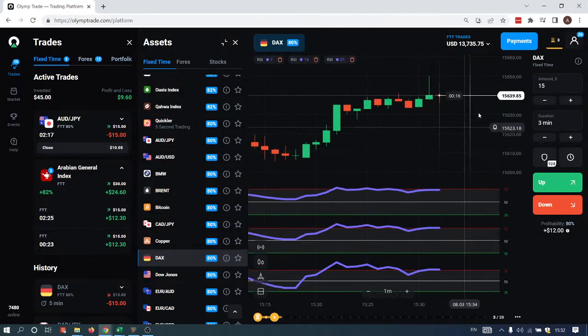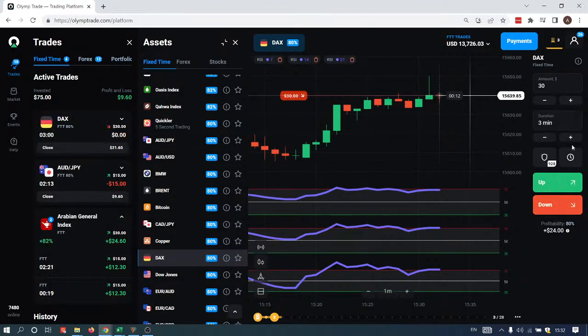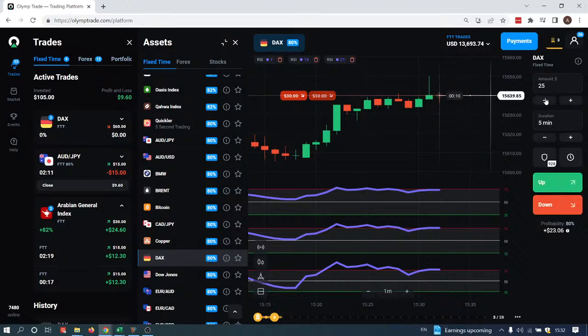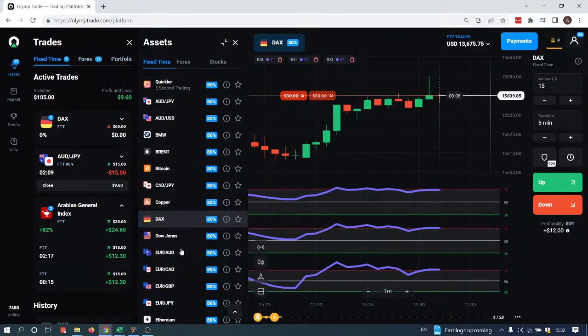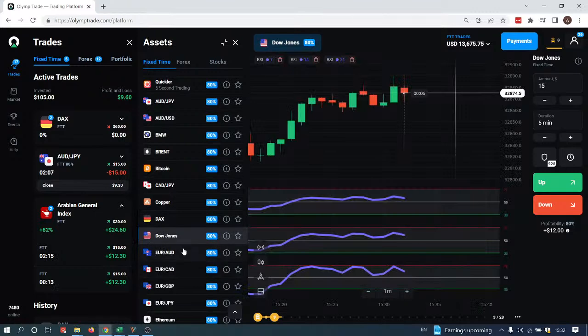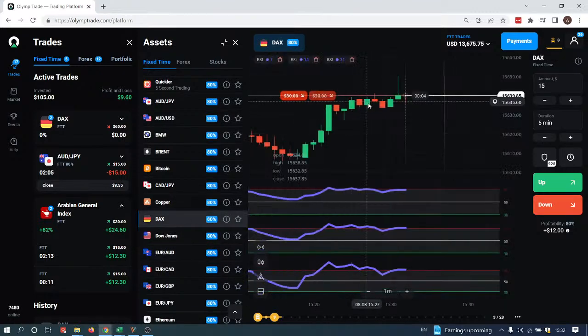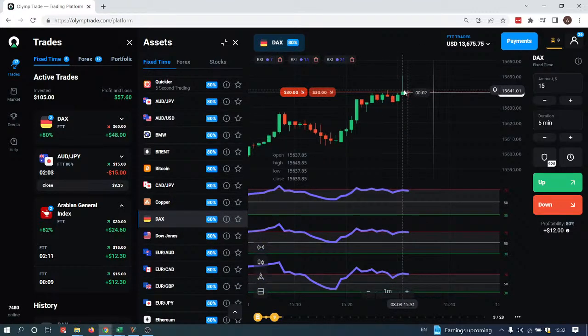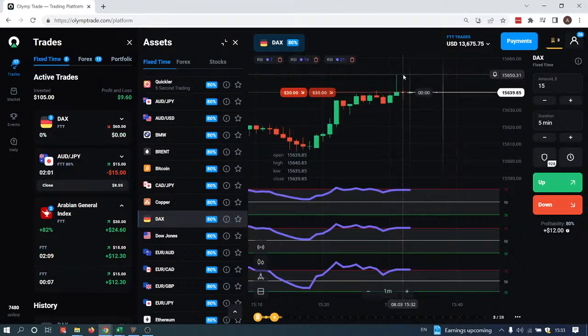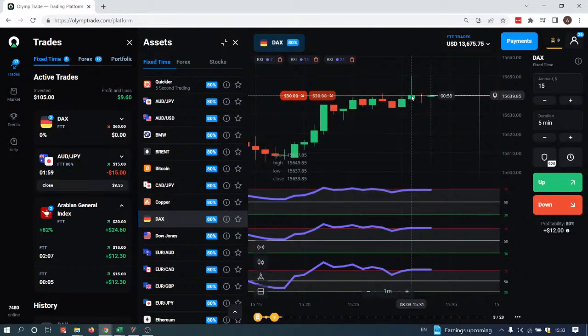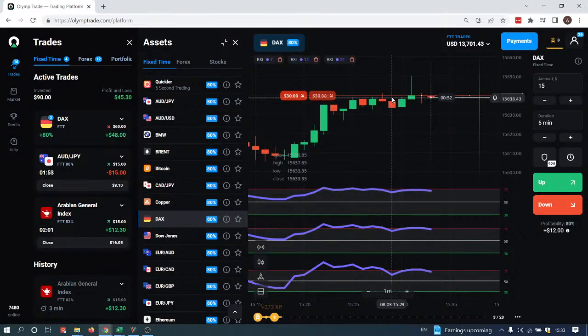Okay, let's give it a try once again. So DAX, I'm going to do another 2 more trades in the amount of $15. Let's give it a try. I think we are still overbought, and then we have this false breakout when the price couldn't hold above this relatively insignificant level of resistance.